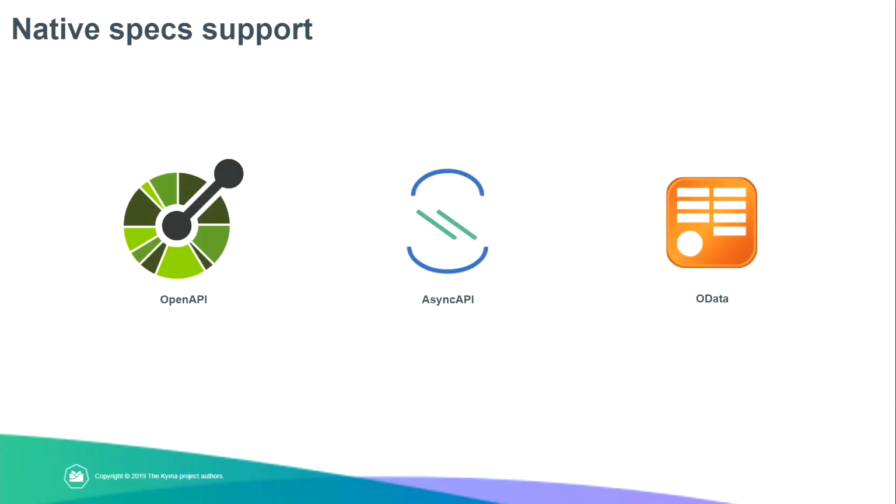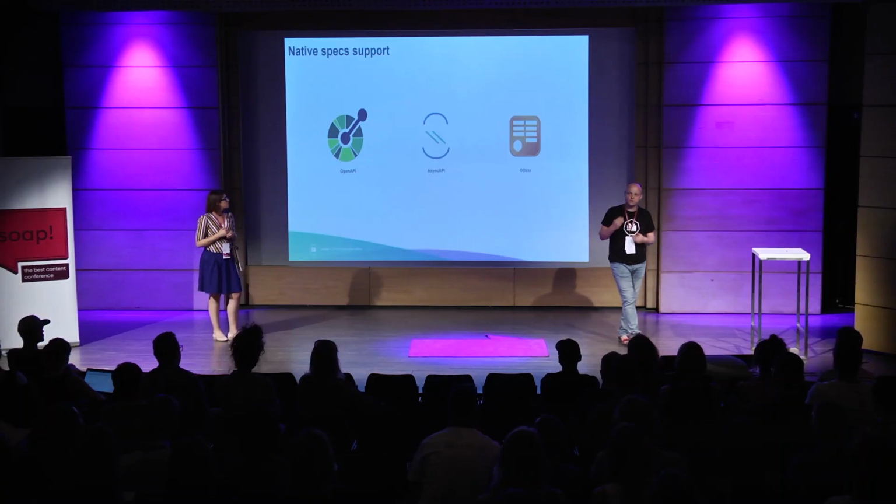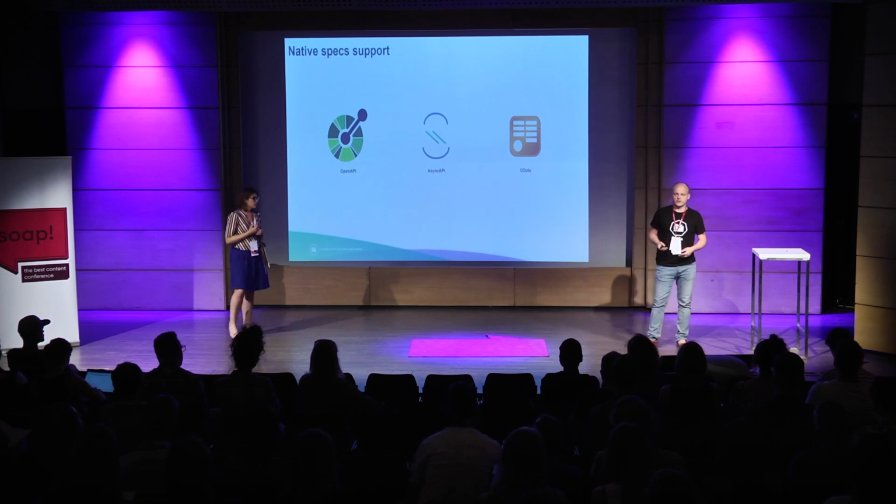So let me make a clear statement: always look for native support of the specs. Don't redo the work that developers already do. If they spend time writing the specs, don't take their specs and write them again in Markdown or whatever. Always focus on natively supporting the specs.